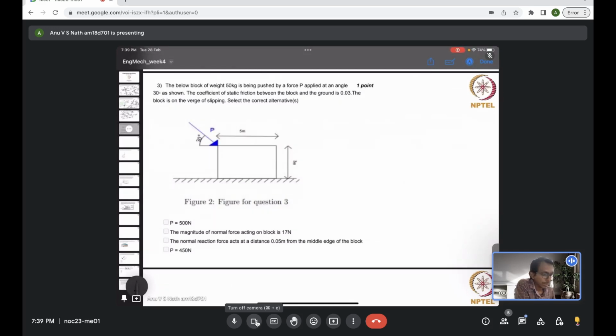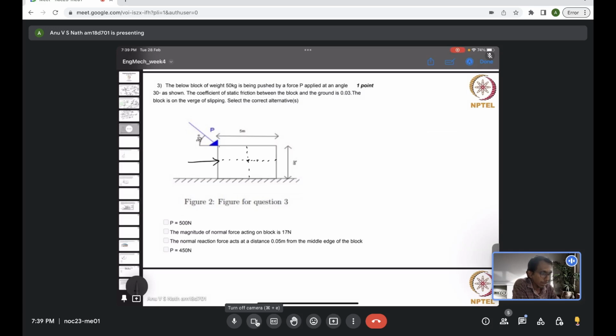And the third option says that the normal reaction force acts at a distance 0.05 from the middle edge of the block. So usually we draw the normal reaction acting through the center, but here you have to remember, the force will usually be acting through the centroid of the system.